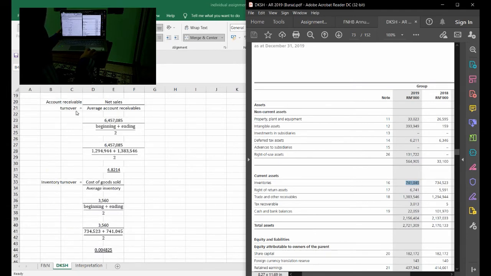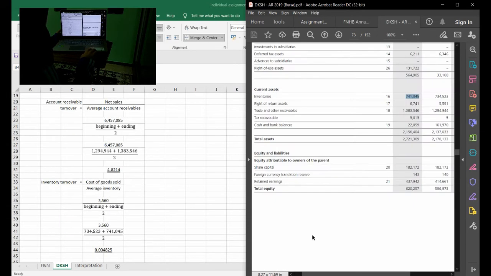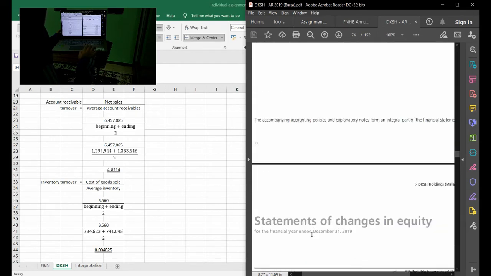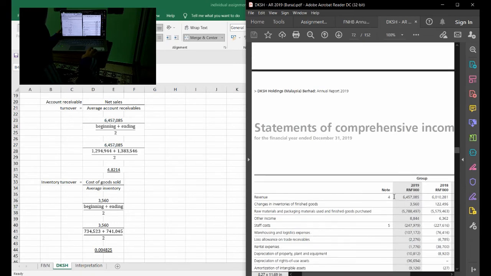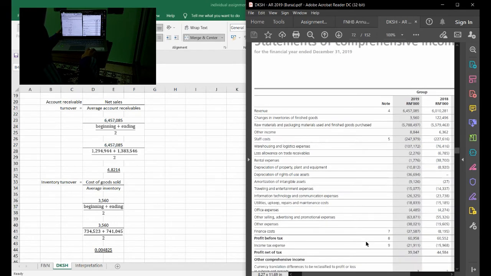Account receivable turnover, the net sales will be from the statement of comprehensive income. Net sales is the same as revenue, so the figure will be 6,457,085 ringgit.